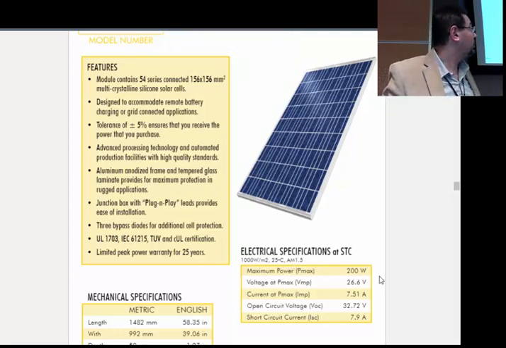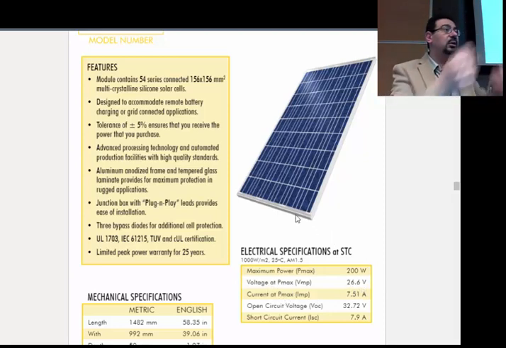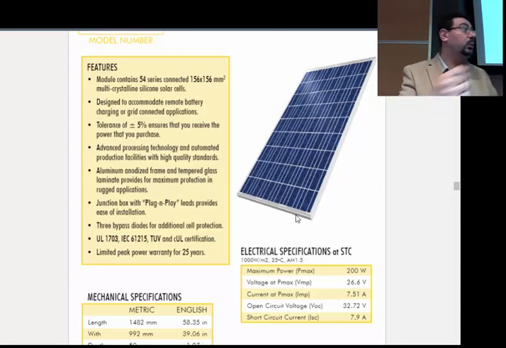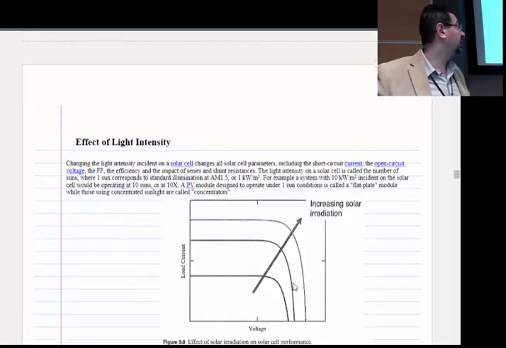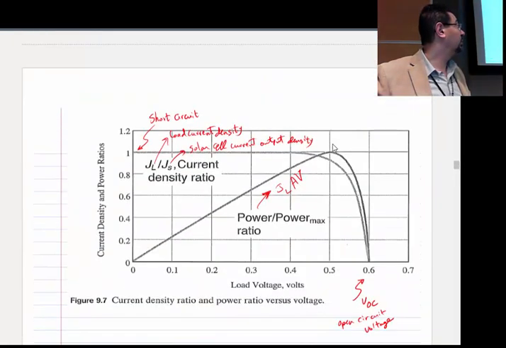Okay, so the maximum power is 200 watt and the voltage at maximum power is 26.6. So if you connect the terminal, you get 26.6, and that point of Vmp and Imp, the current at maximum power and the voltage at maximum power, is exactly this point.